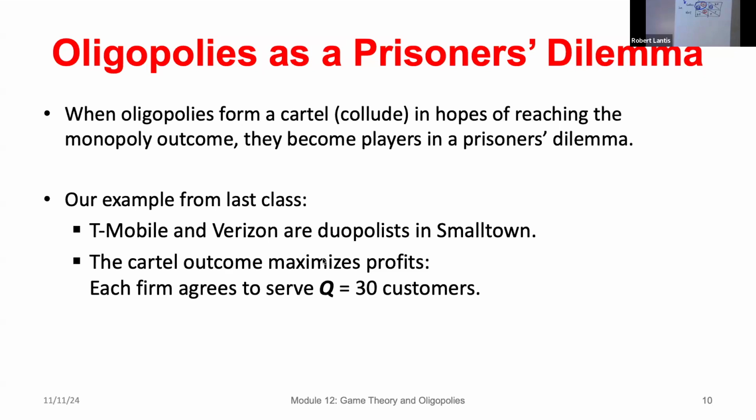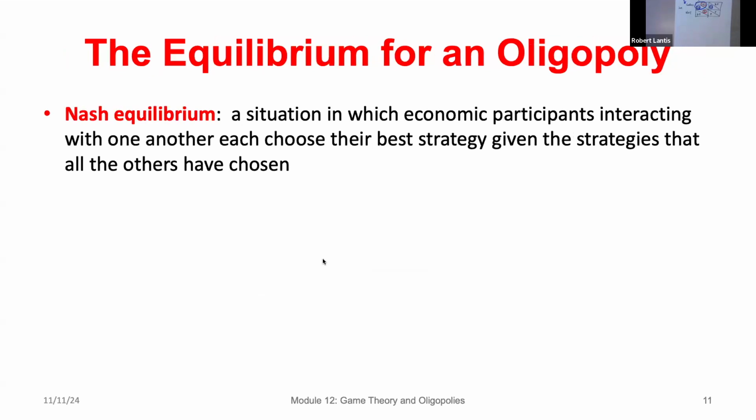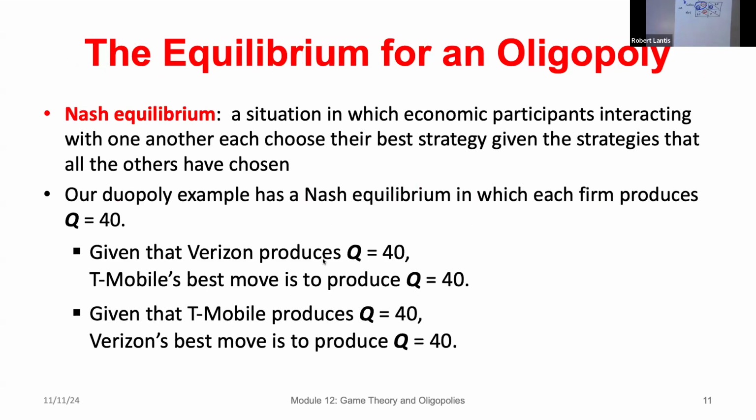If I'm T-Mobile, why might I want to sell to more customers? Because it's not going to influence the price that much. The price might decrease as we increase that quantity, we're moving to the right in our graph, but I'm selling to more people, so I could potentially be increasing my profits. So we'll think through how we solve these, what we call cartel models.